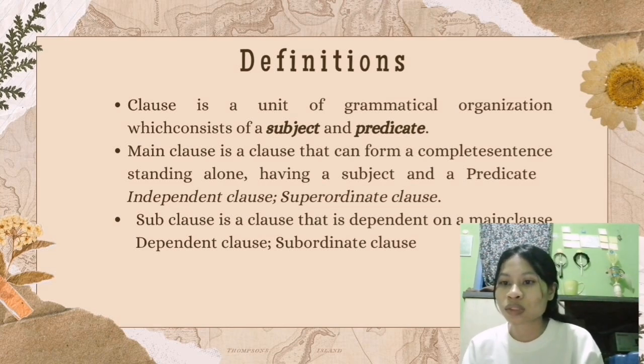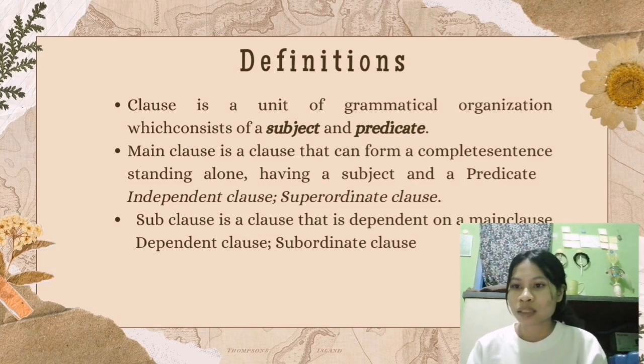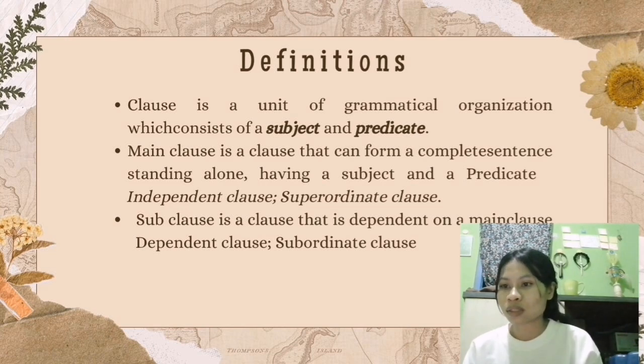An independent clause is a clause that has a complete grammatical structure containing a subject and a predicate and can stand alone as a meaningful sentence. And each clause in a compound sentence has this complete structure. So even if the clauses are separate, each can still function as a grammatically correct sentence.